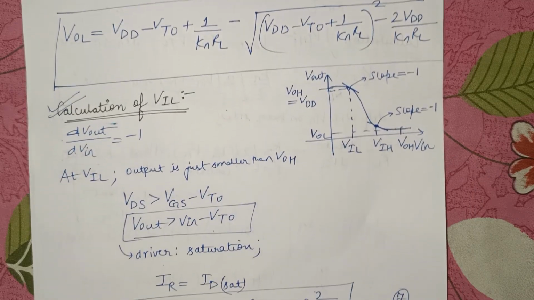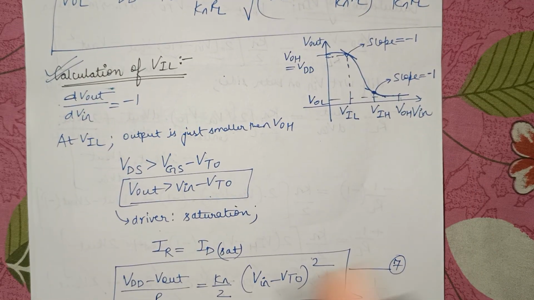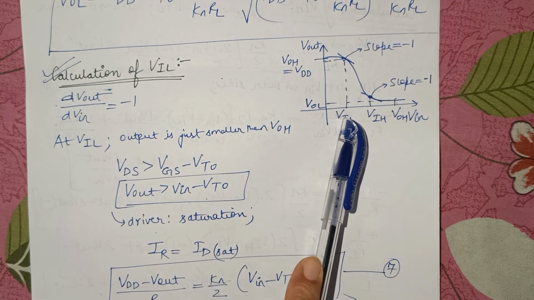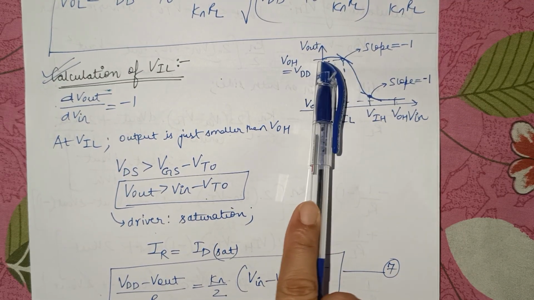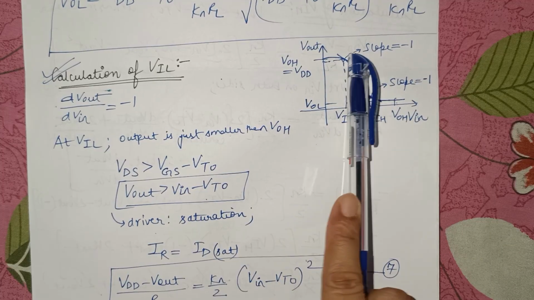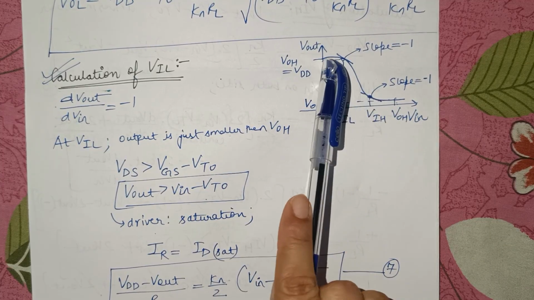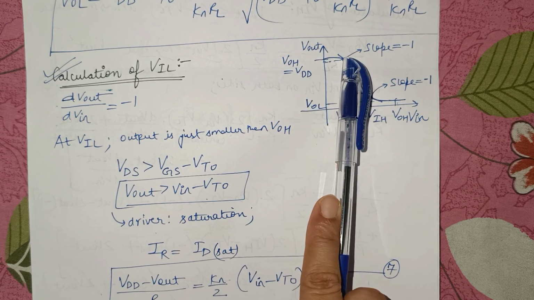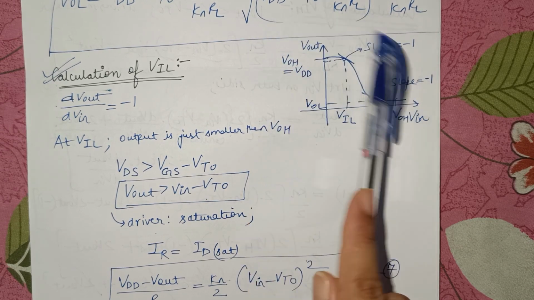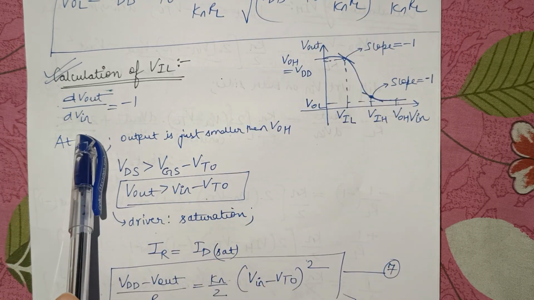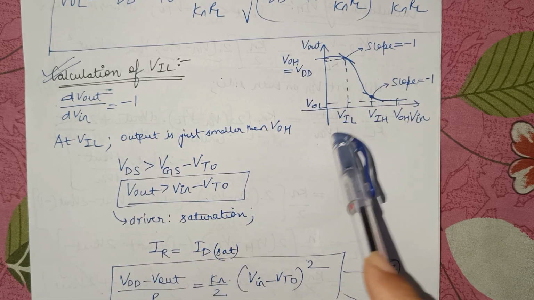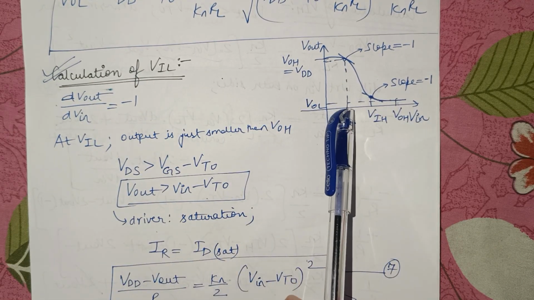Now we do the calculation of VIL, and VIL is the input low voltage at which the output is just high, it is just equal to VDD. So it is at the transition, near the transition curve. So here the slope is equal to -1, which means that dV out by dV in should be equal to -1. And what happens to the driver circuit here?